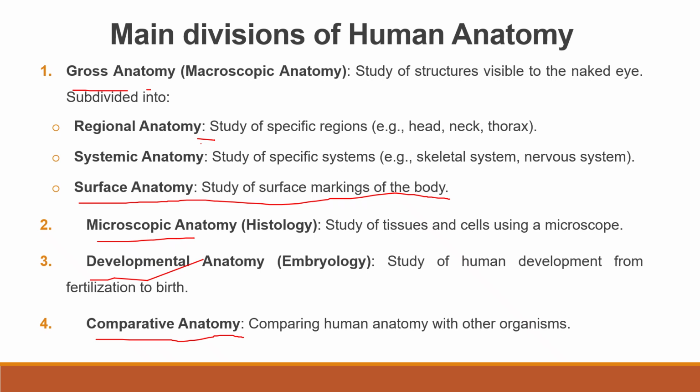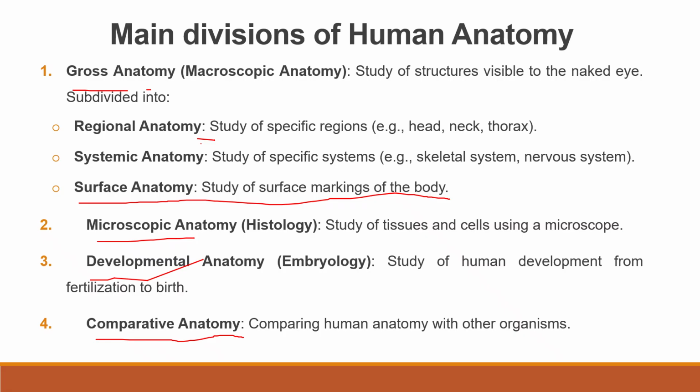The second one is microscopic anatomy, or histology. Any tissue parts or cells that we study with the help of a microscope, we call microscopic anatomy. Developmental anatomy means embryology, which studies the development of the human body from fertilization to birth.